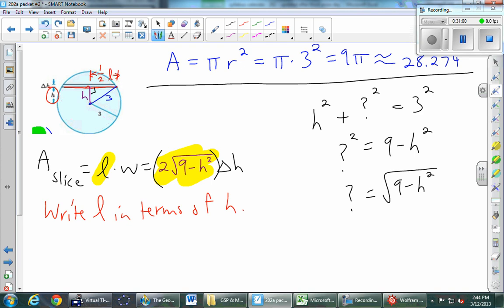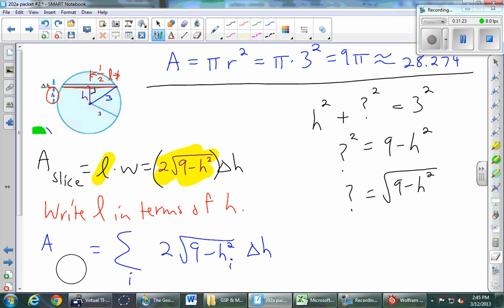Okay, so we've got the area of one slice. If we decided to add up the area of all the slices, I'm just going to copy that formula that we wrote up there. And just for kicks, I'll go ahead and put a little subscript on the h, the variable. So that's the area of, I should have said all the slices, not just one slice.